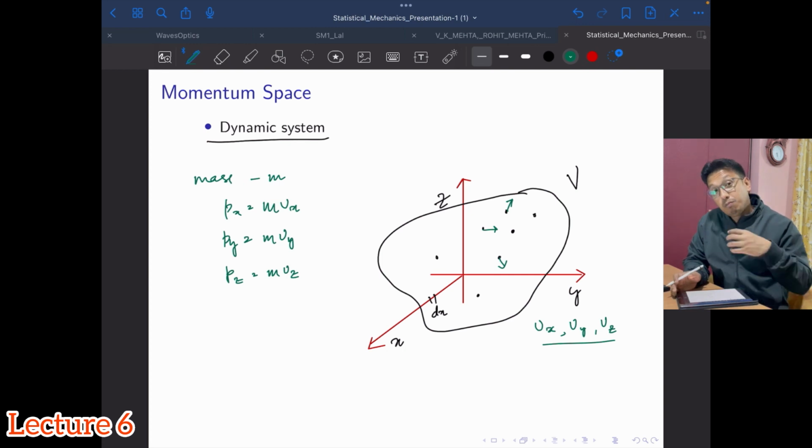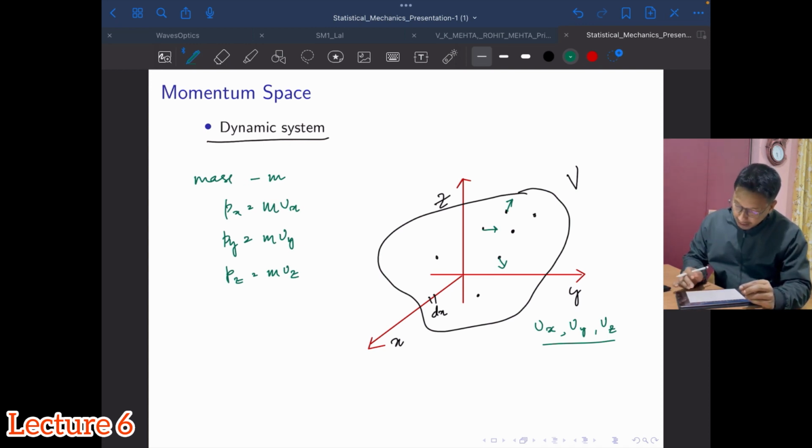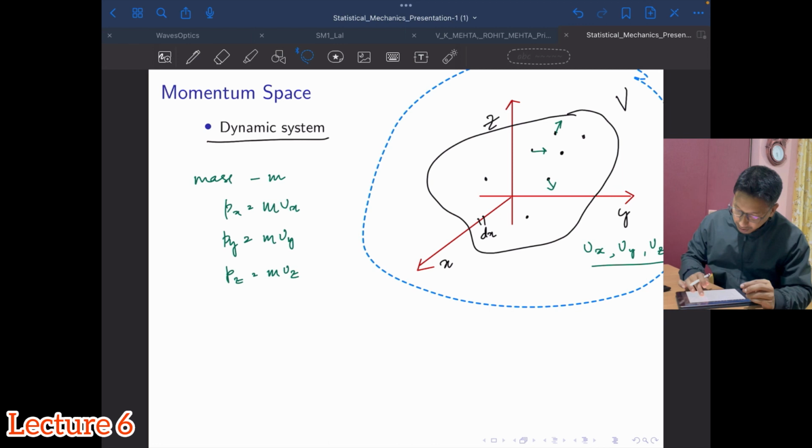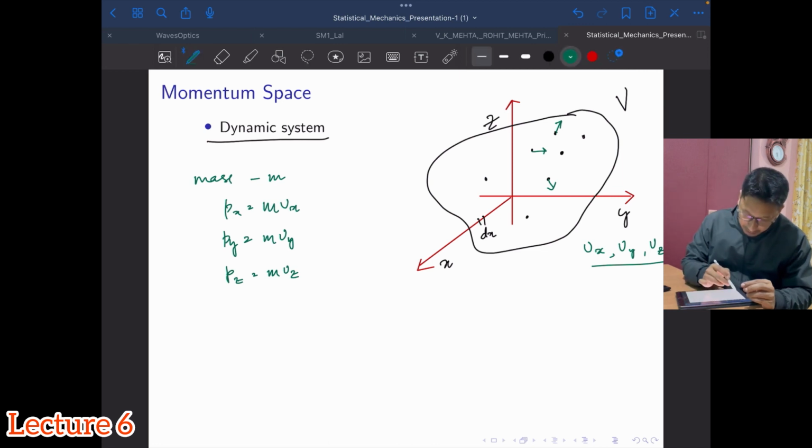So to know the momentum of the particles, I can represent the momentum of each of these particles in another space, which I can draw.